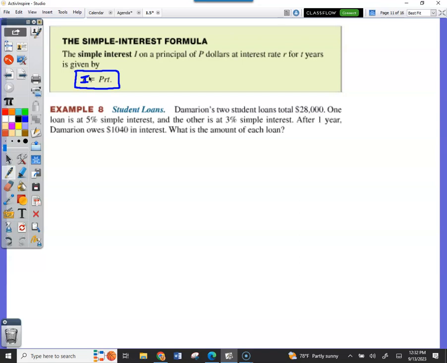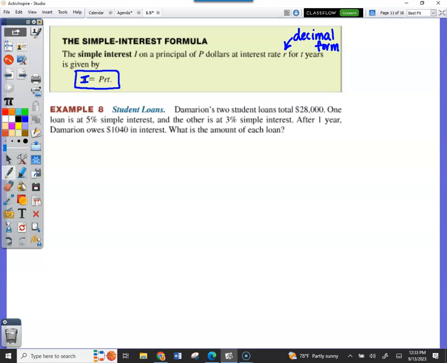How much you originally put in the bank, or how much you originally took out, or whatever. Interest rate is R. You need to remember R needs to be in decimal form. And T is time.